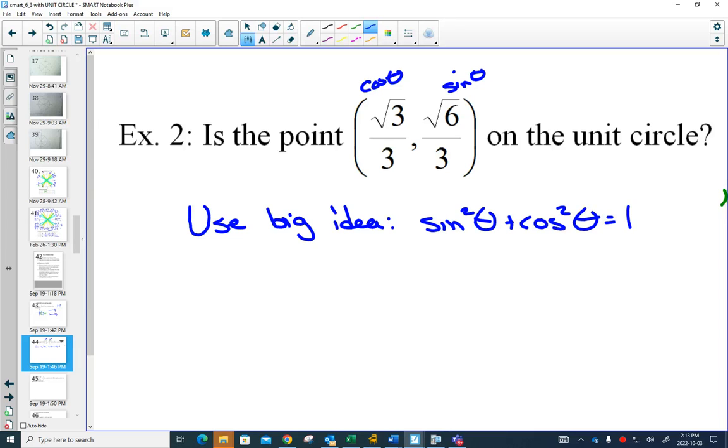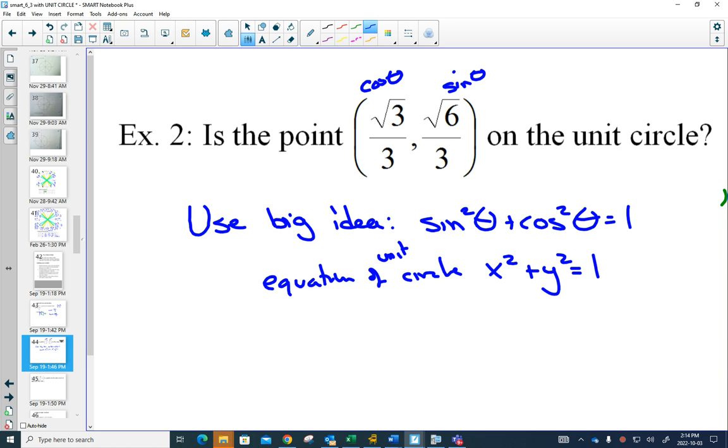If we square them and it doesn't equal 1, it's not on the unit circle. Because this big idea of sine squared theta plus cos squared theta equals 1 comes from the equation of the circle. Here, I'll put unit circle, where it's x squared plus y squared equals 1.